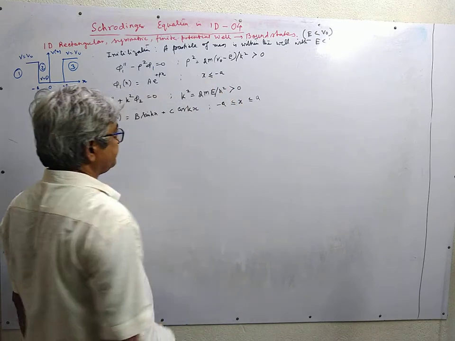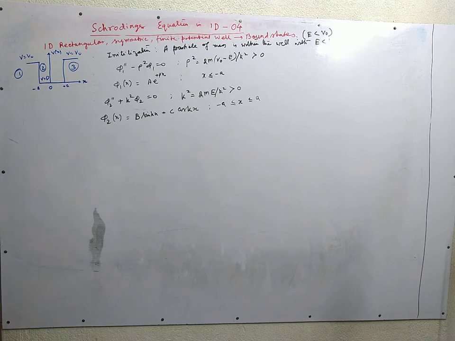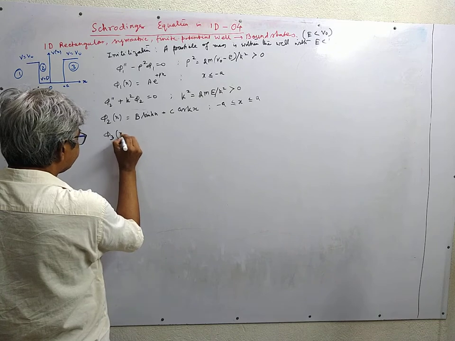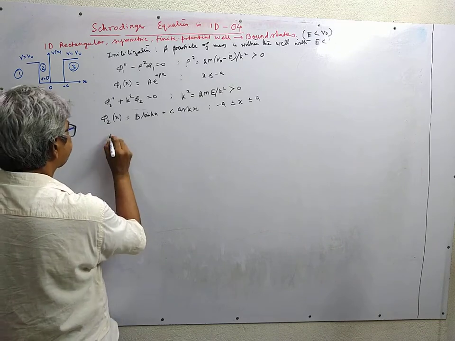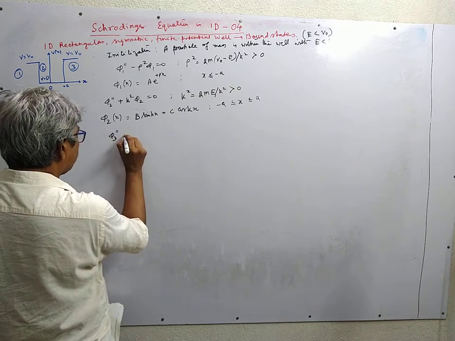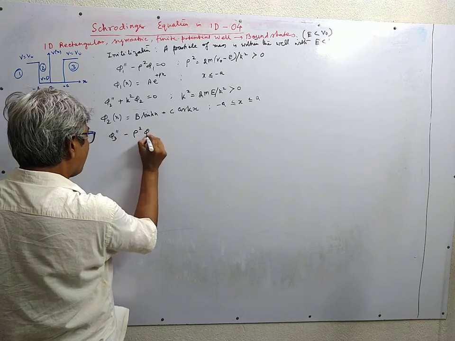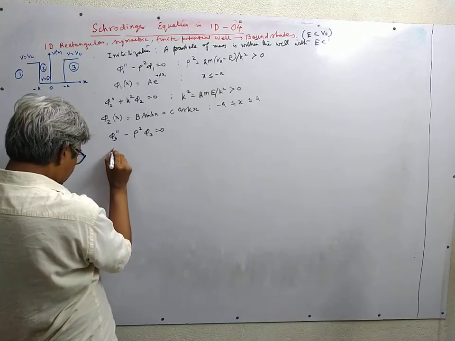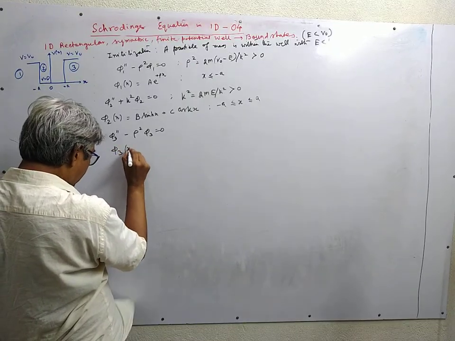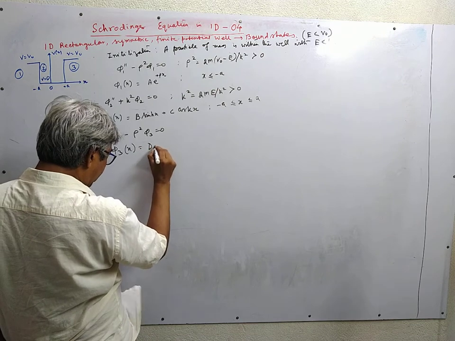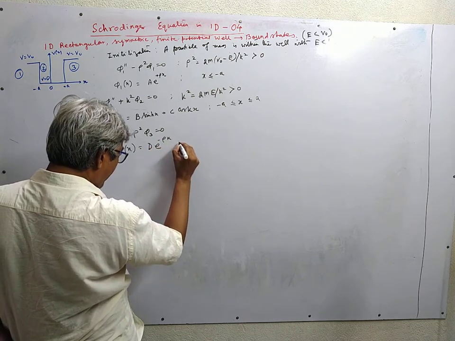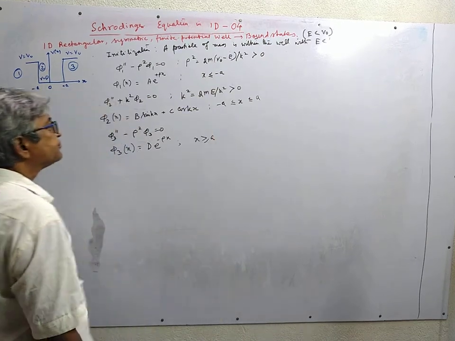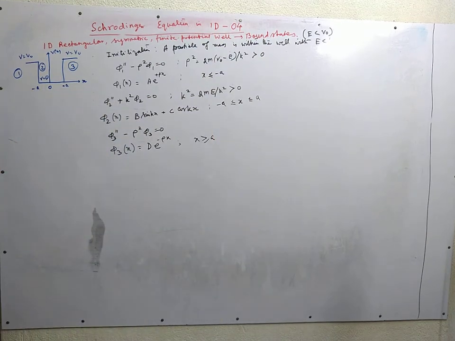And for region 3 we have phi 3 double prime minus rho square phi 3 equal to 0. Again, rho is the same, and the physically acceptable solution is D e to the power minus rho x, with range of validity x greater than a. So these are the three wave functions.